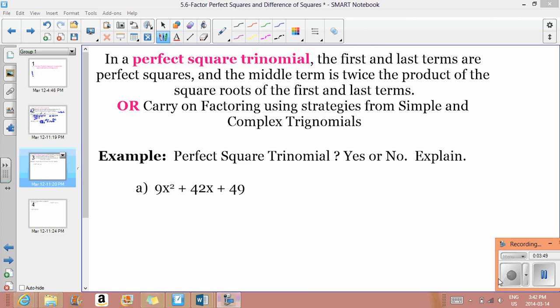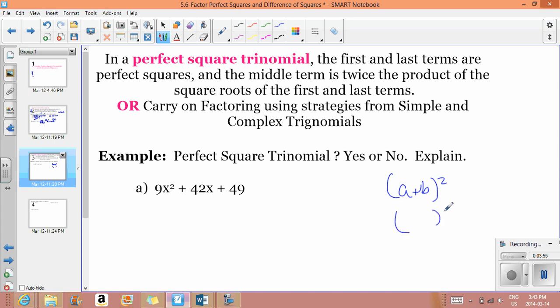Now in the case of a perfect square trinomial, that's one of those cases where we would have a plus b squared. So it's the exact same thing times itself. And so to check if this is true, the first and the last terms should be perfect squares. So looking at this, to get 3x squared, we could take the square root of that, and you get 3x. The last one should also be a perfect square, and so the square root of 49 is 7.